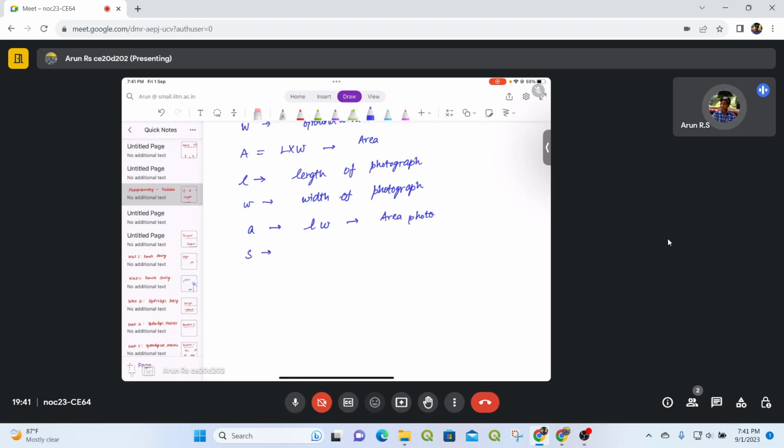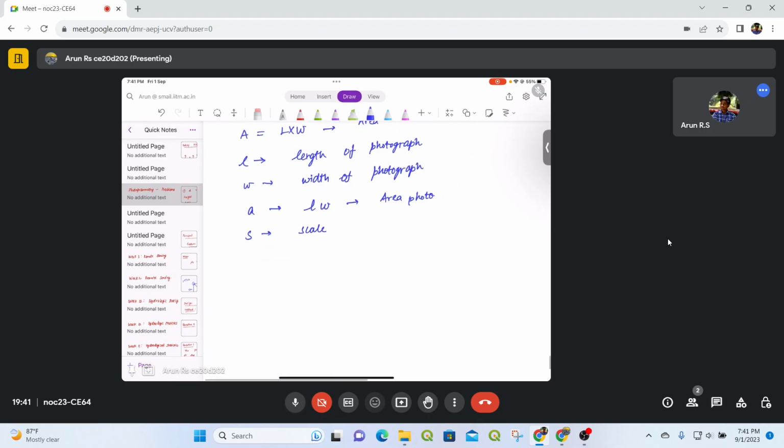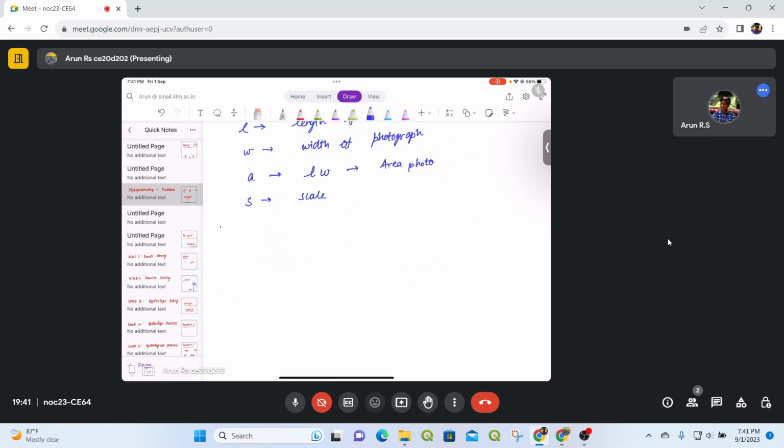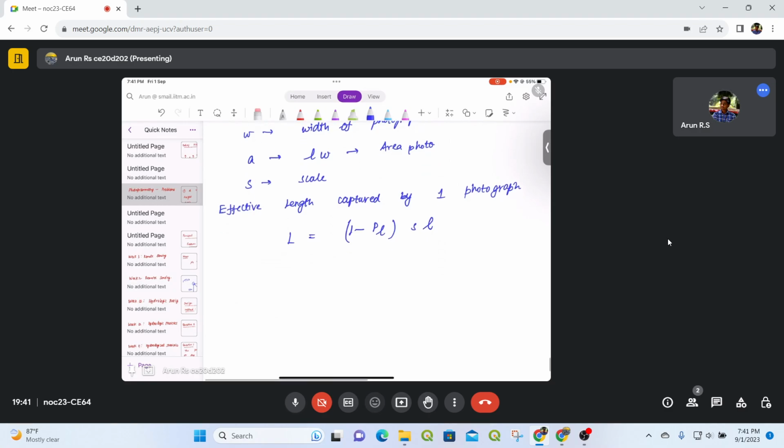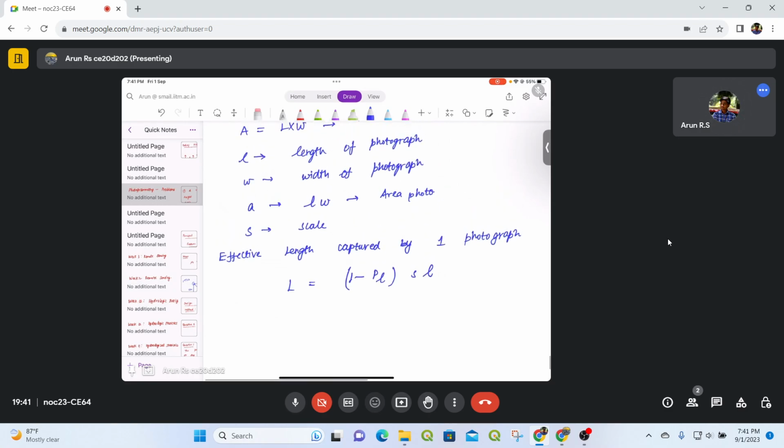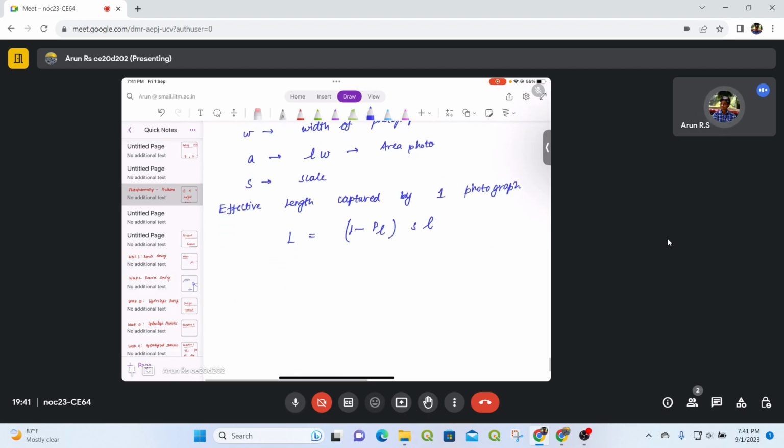Let capital S be the scale. Now the effective length that is captured by one photograph, that is your capital L, is equal to 1 minus the percentage of the longitudinal overlap, into scale, into your length in the photograph.